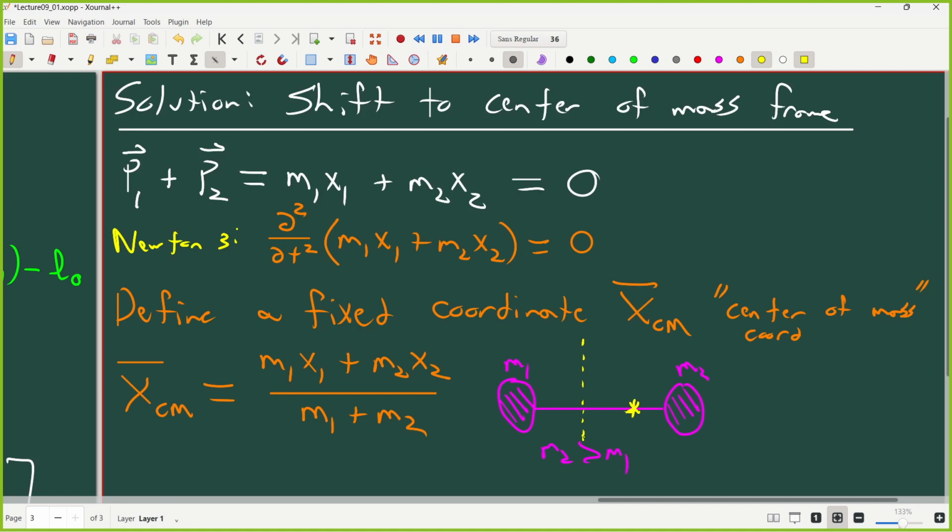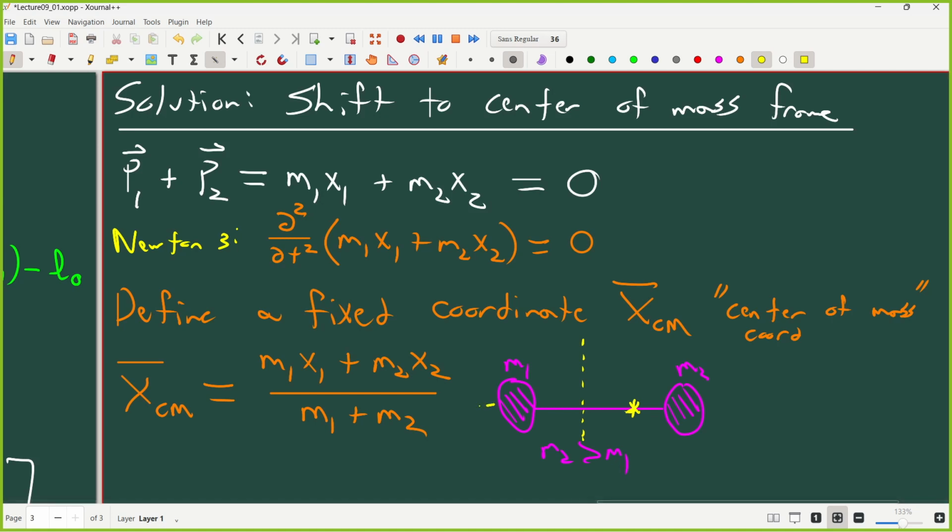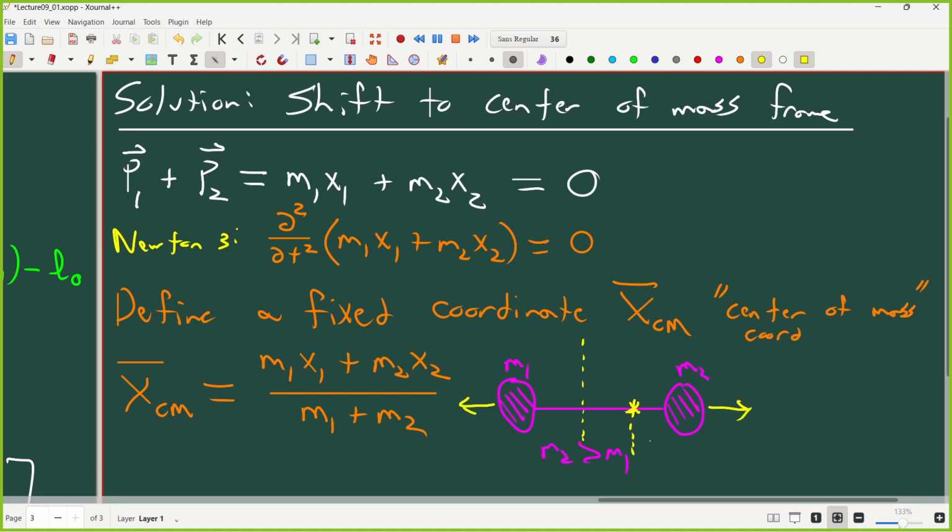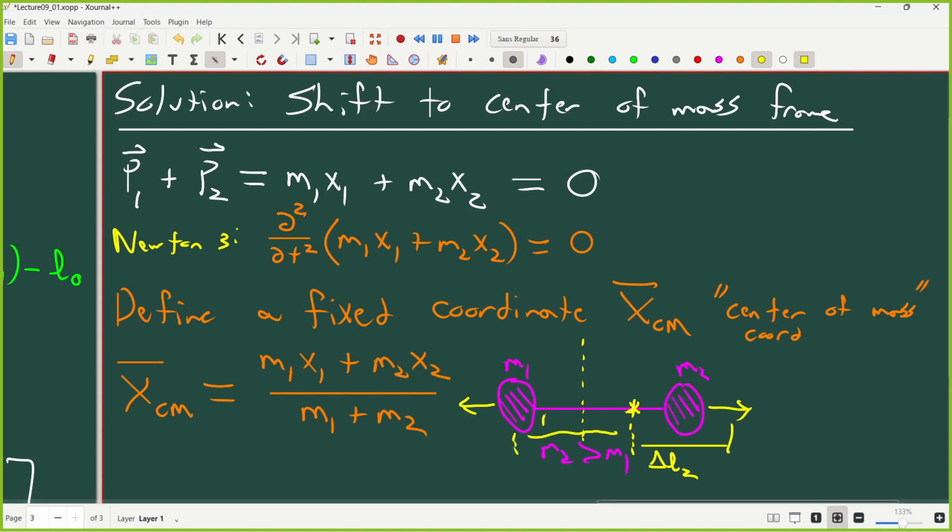When I displace the atoms, if I move M1 in this direction and M2 in this direction, I can always measure the displacement of those atoms with respect to the center of mass.